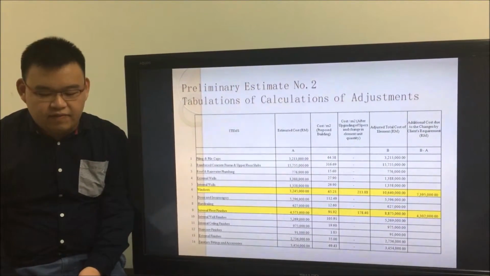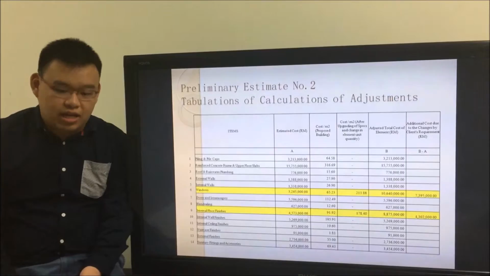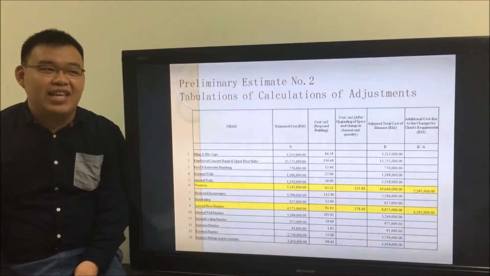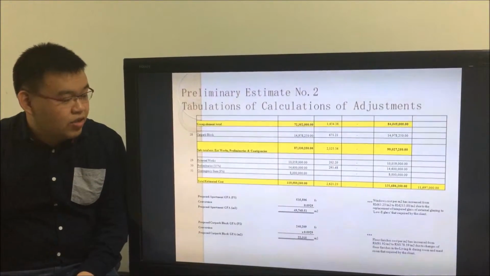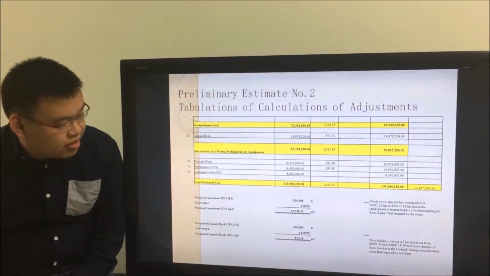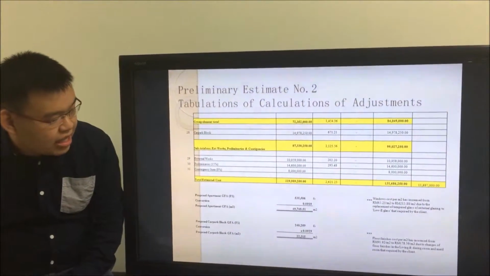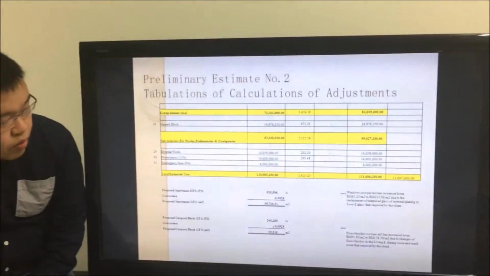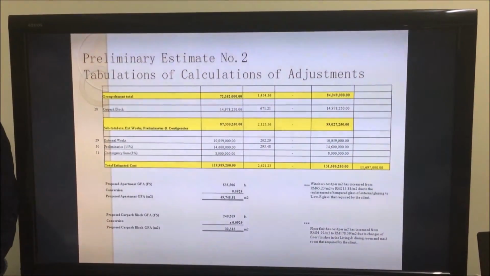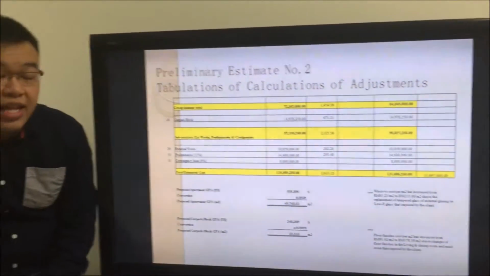The adjustment of cost is based on the changes of specification done previously. After the addition, the total estimated cost has increased from 119 million to 131 million, which is an increase of 11.7 million.